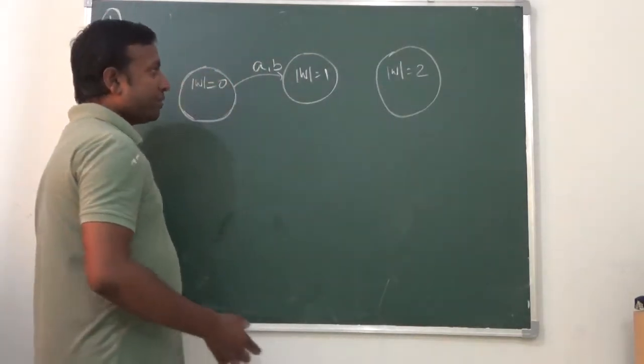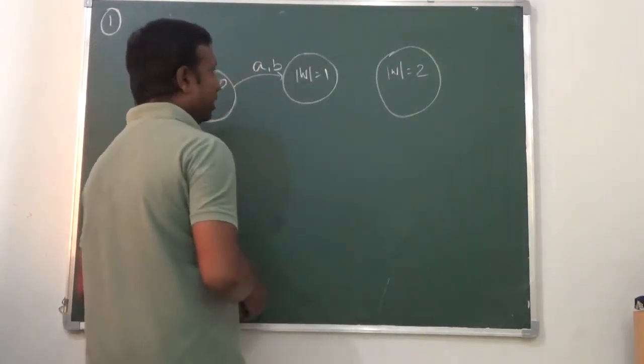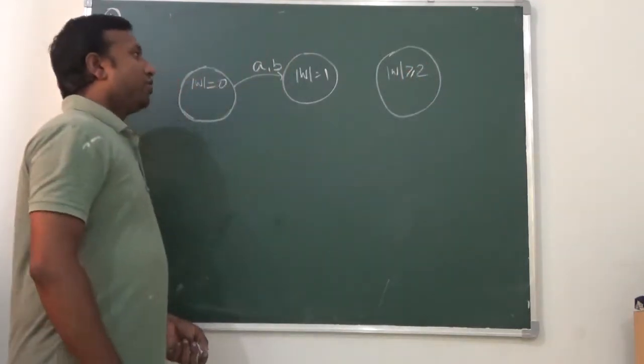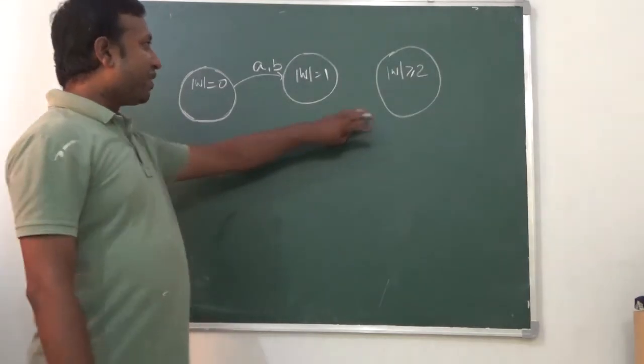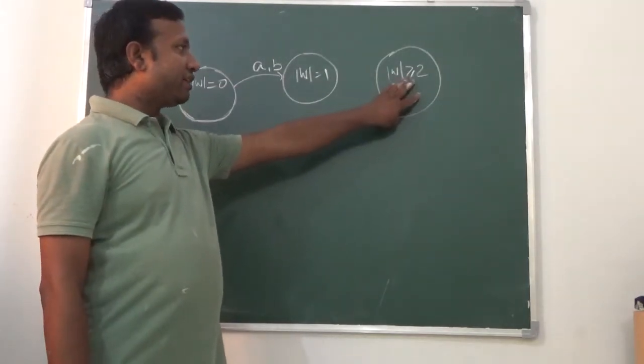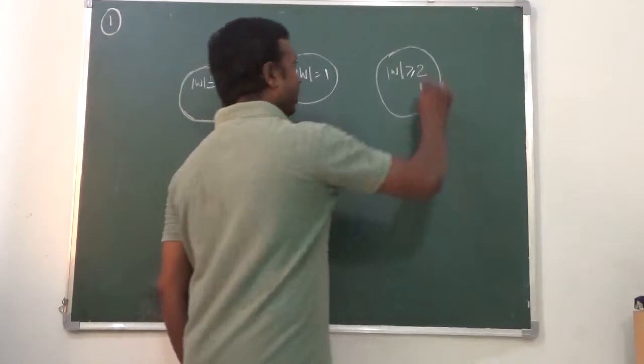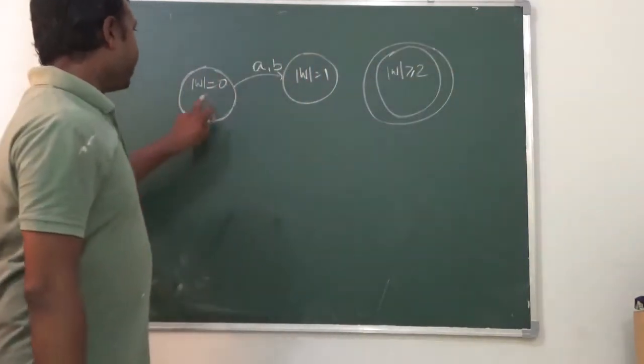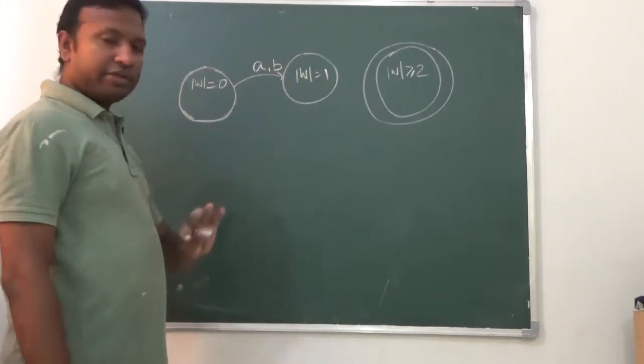So we should accept all, and what we can say is length greater than or equal to 2. If anything we have seen has length greater than or equal to 2, we should accept. And if the length is 0 or 1, we should reject.